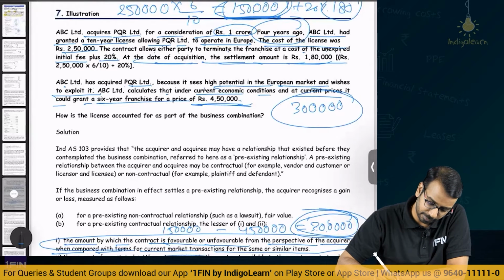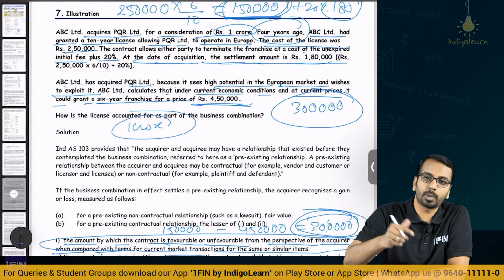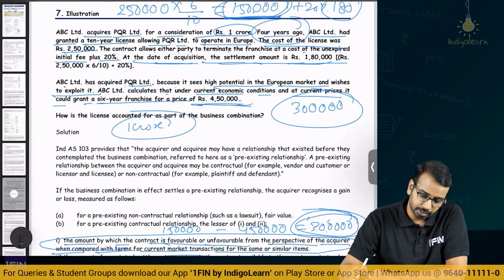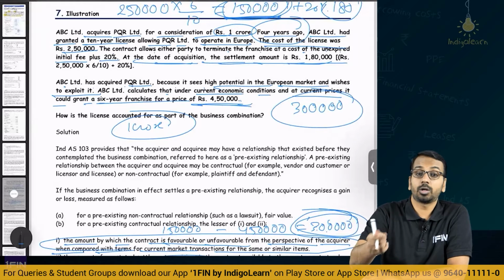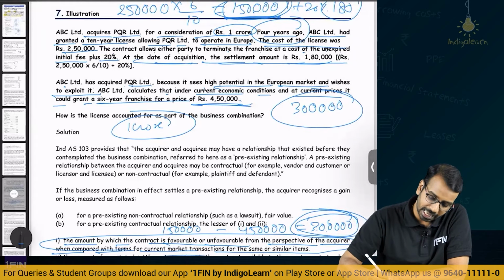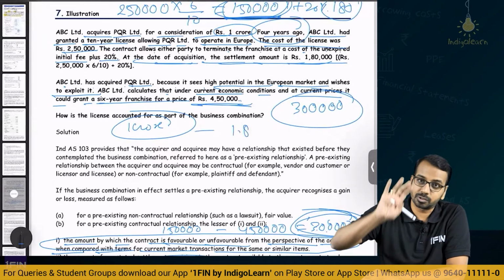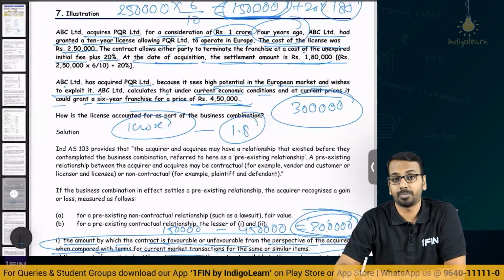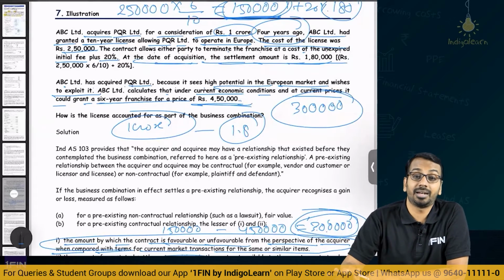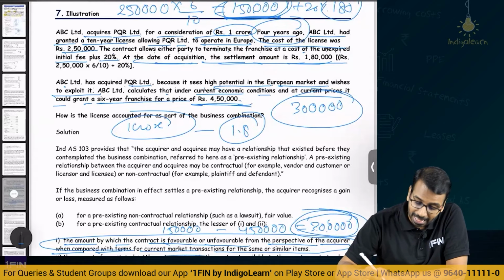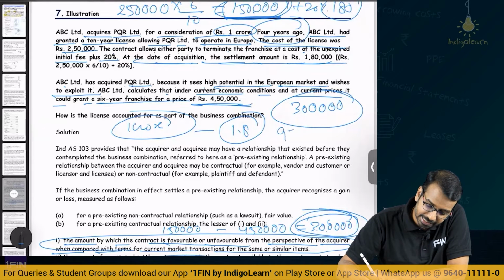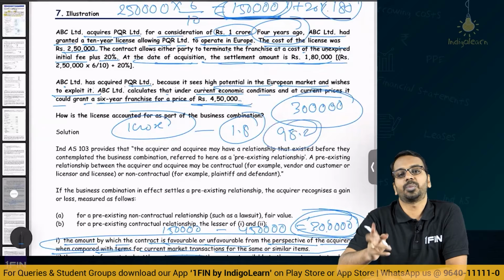Let us say for example, ABC paid 1 crore to acquire PQR. Now, out of this 1 crore, 1,80,000 is to settle the existing relationship, to cancel that contract, and balance 97 or 98.2 lakhs is the purchase consideration.